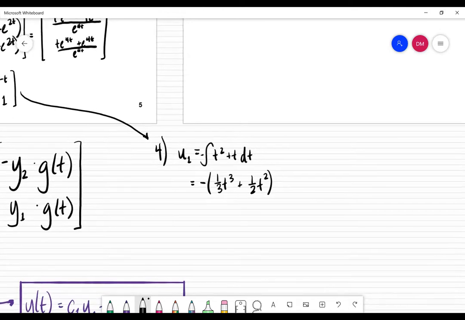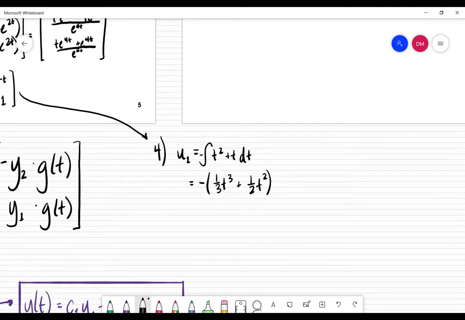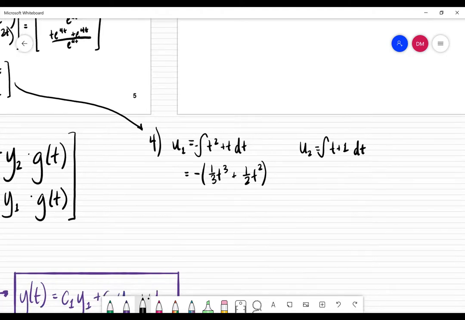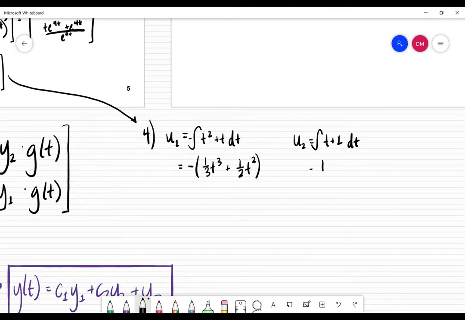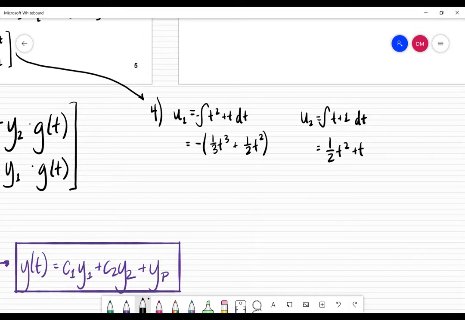All right, so get that. And then for u sub 2, it's going to be the integral of just t plus 1 dt. All right, so go ahead and form y sub p.